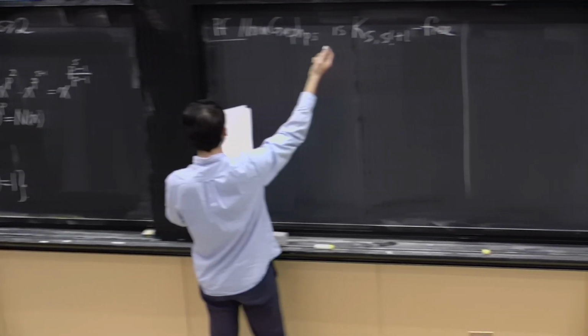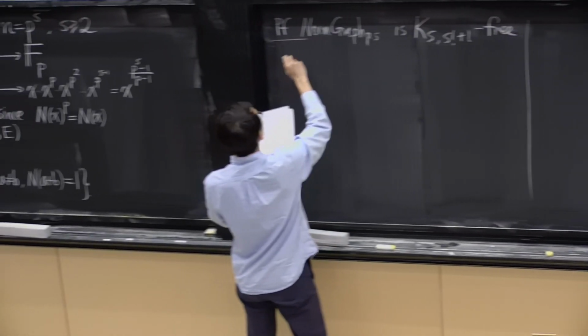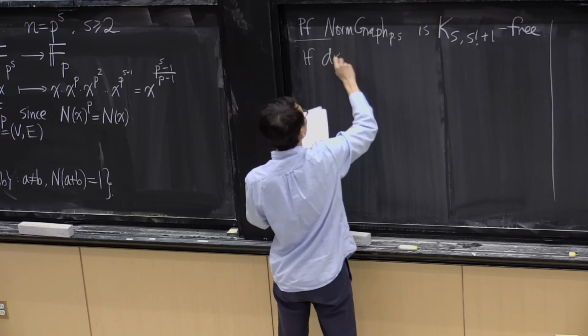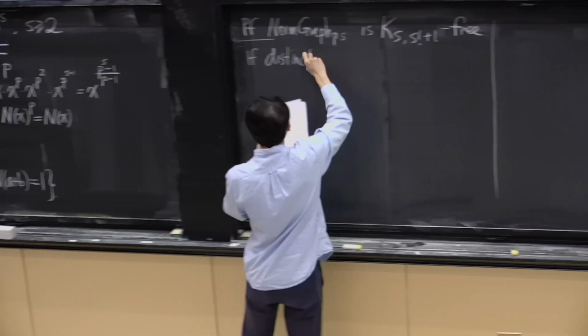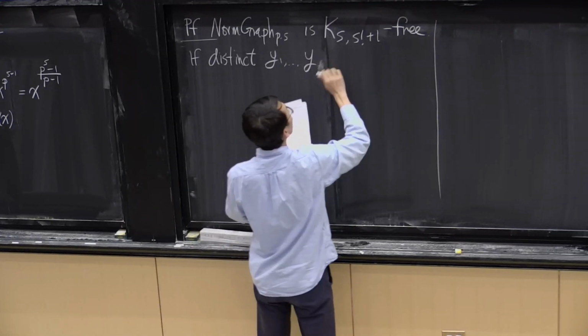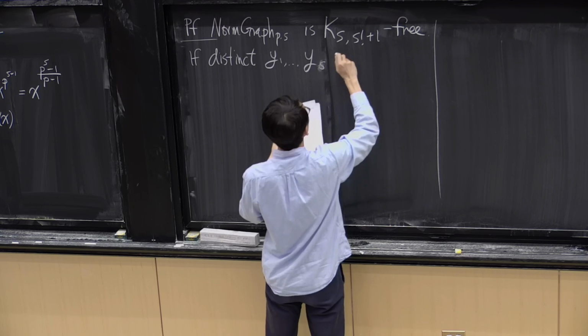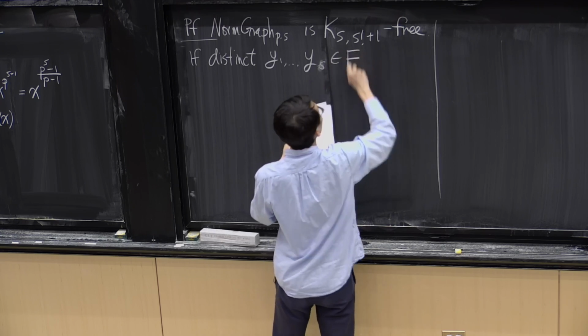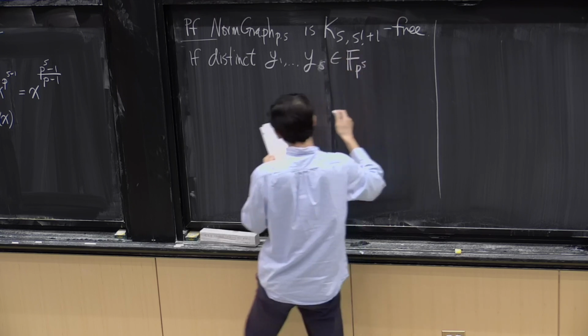What does it mean to have a K_{S,T}? It means that you have distinct vertices, which correspond to S elements, y1 through yS, of this field.